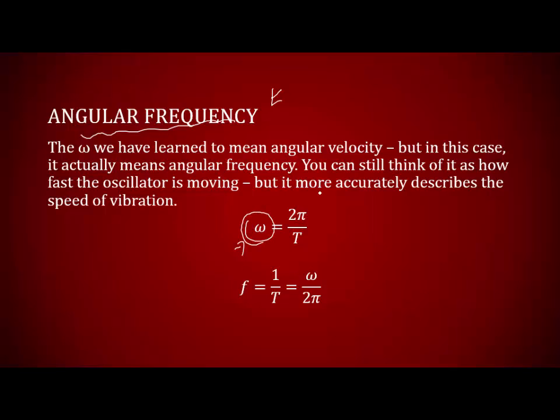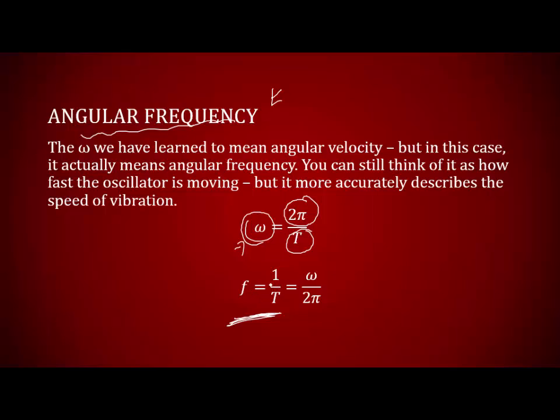Angular frequency is equal to 2 pi over the period. So again, it's radians over seconds. It's the same thing that you guys are used to, but it describes the rate at which it's making a complete circle. So that means we talked about how frequency is the inverse of period here.